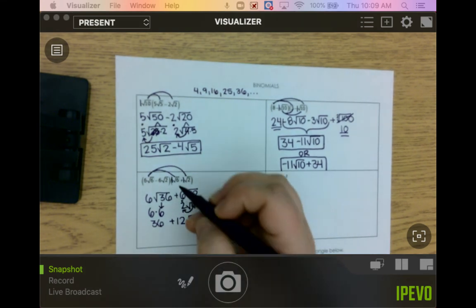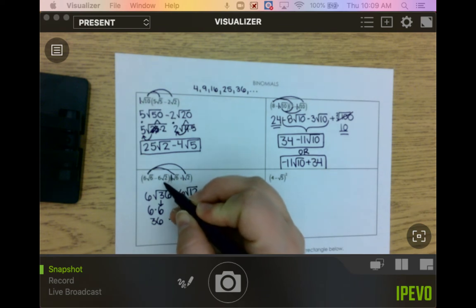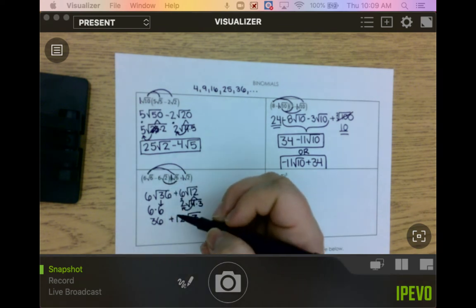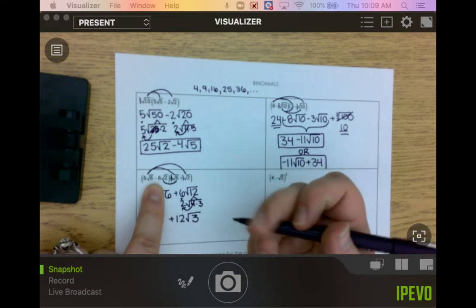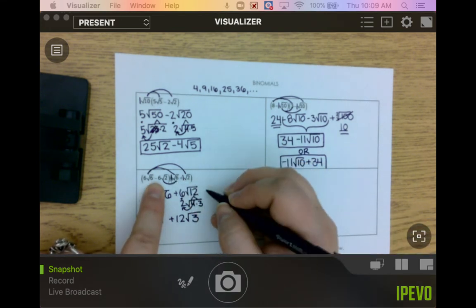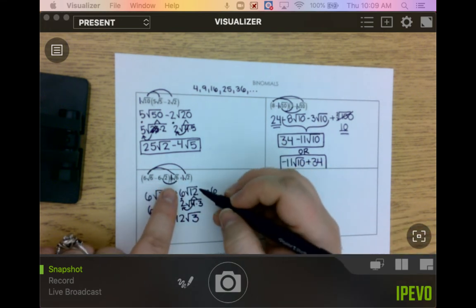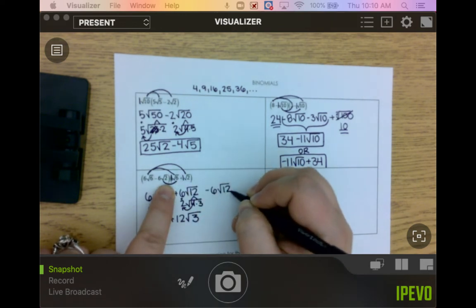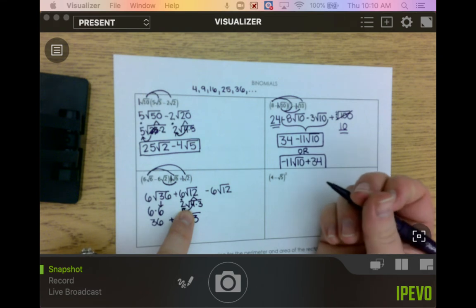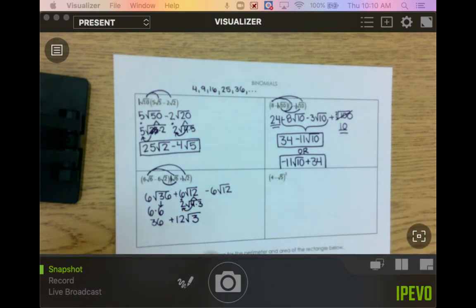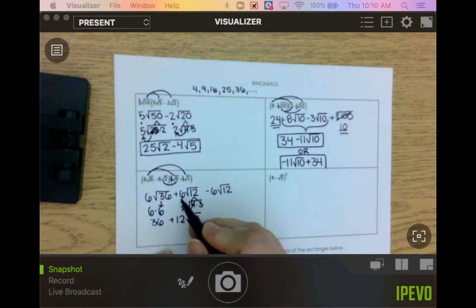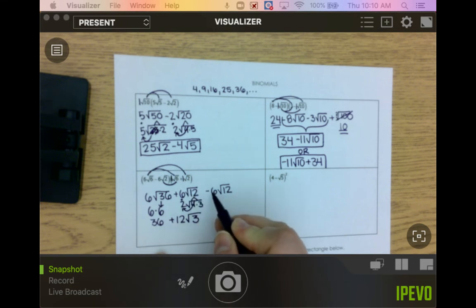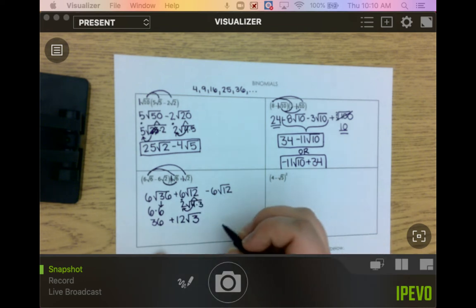Then I'm going to take this -6 square roots of 2 and multiply it. Okay, numbers outside go first. -6 times 1 is -6. Insides, 2 times 6 is 12. Well, I just simplified the square root of 12. In fact, you'll notice that these two would have canceled out because they are opposite signs, but everything else about them is the same.